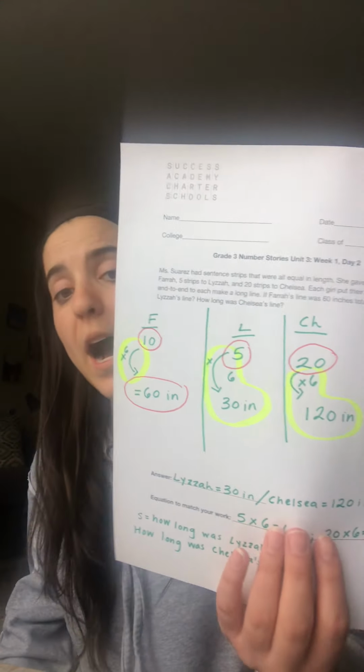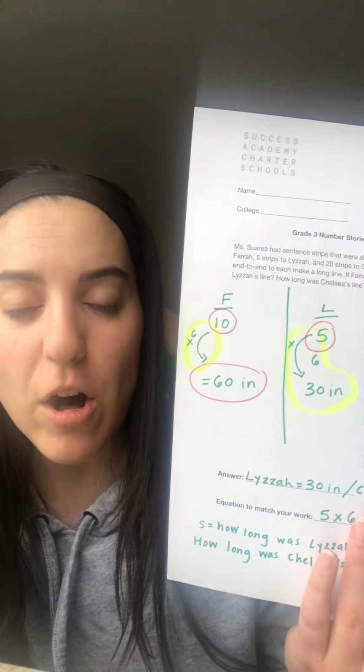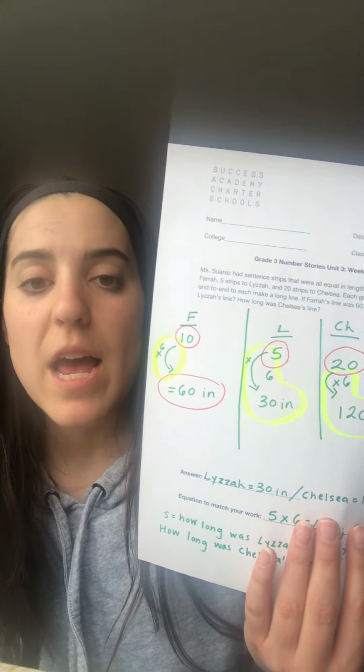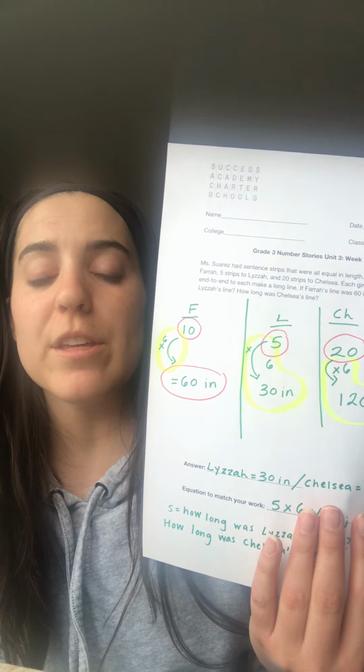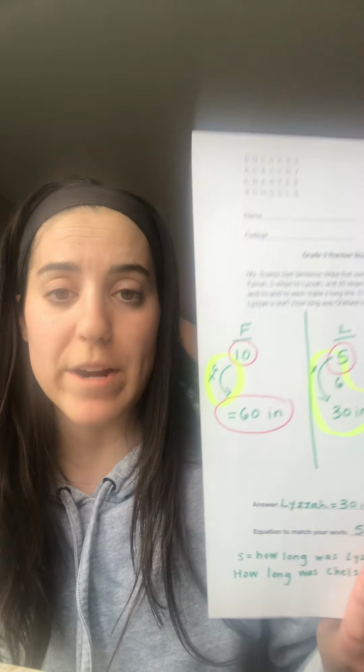I hope that you felt successful on today's math story. You were solving for two things. You were solving for both how long Liza's line is and how long Chelsea's line is. So to help you out, I circled in red all of the information that was given to us, and then I put in highlighter the information that we were required to figure out.